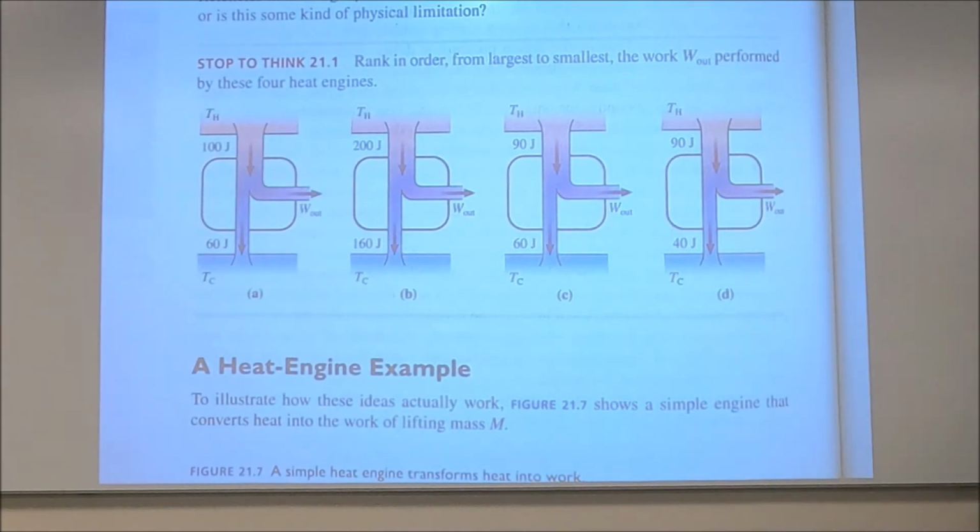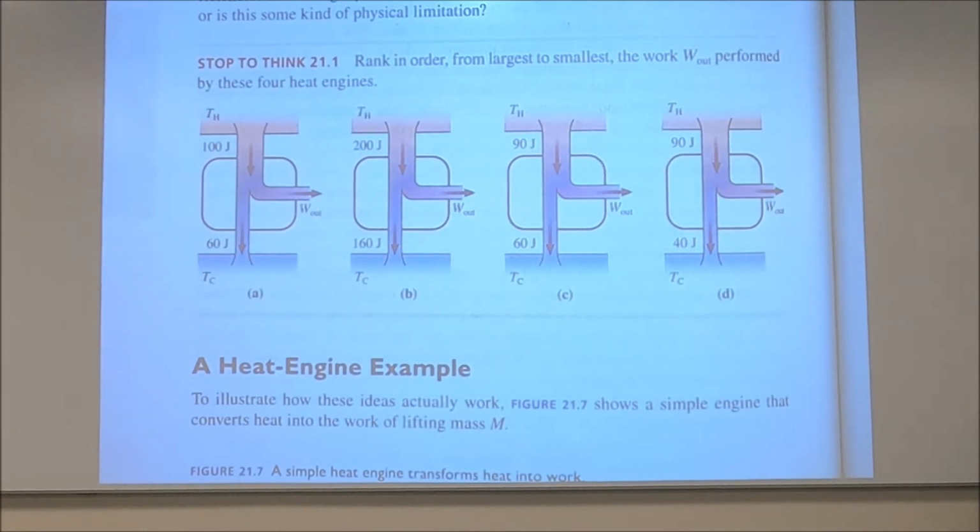Now for each one of these, I can calculate its thermal efficiency. For A, the thermal efficiency would be work out, which would be 40 joules, divided by Q hot, 100 joules. So that's 0.4 or 40%.